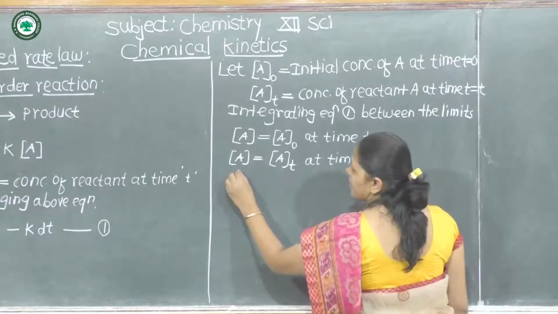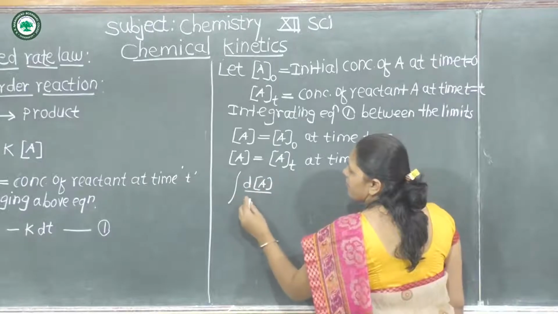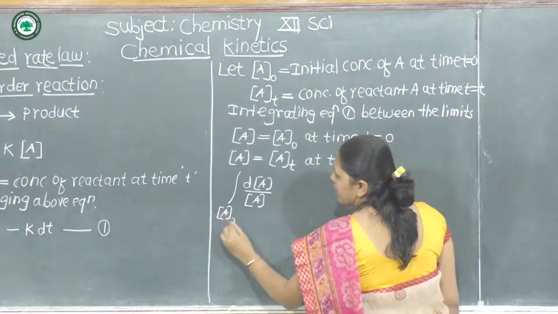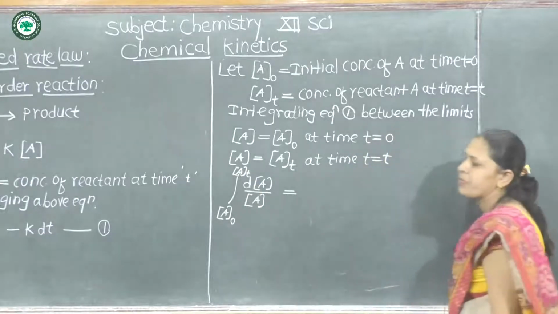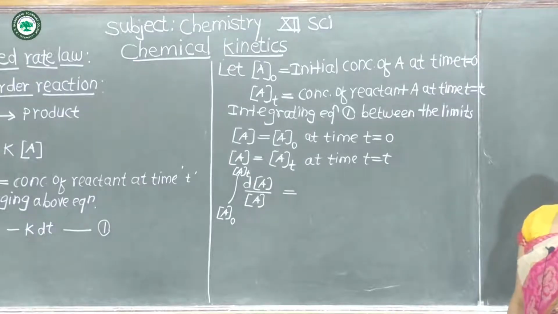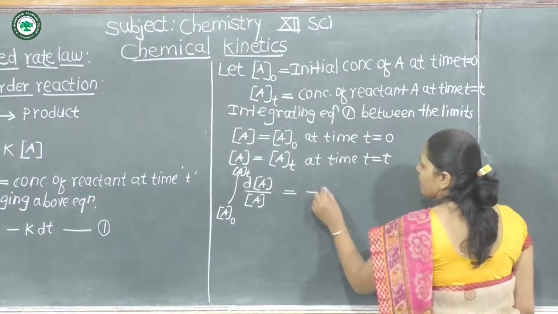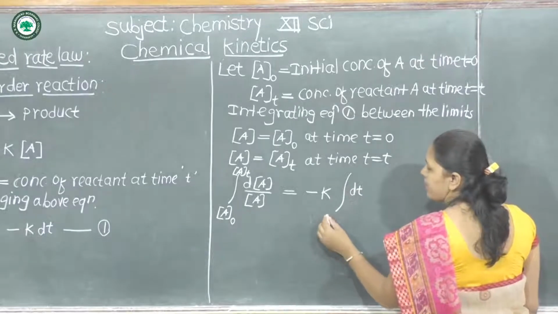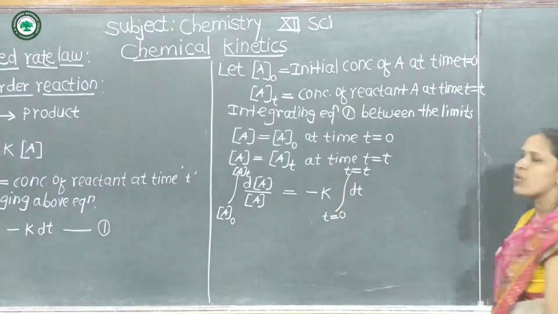Then equation 1 becomes change in concentration of A divided by concentration of A between the limits A0 to At is equal to minus K, and K is a constant term, therefore it is out of the integration, therefore minus K integration of change in time between the limits t is equal to 0 and t is equal to t.